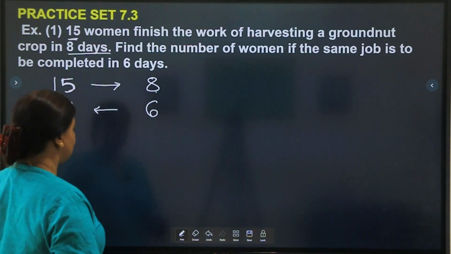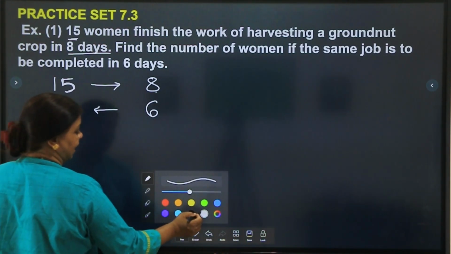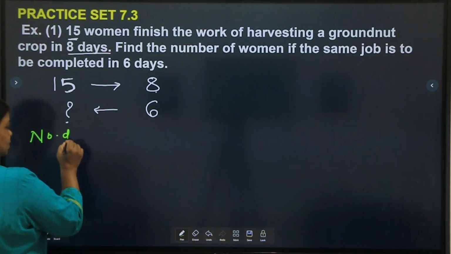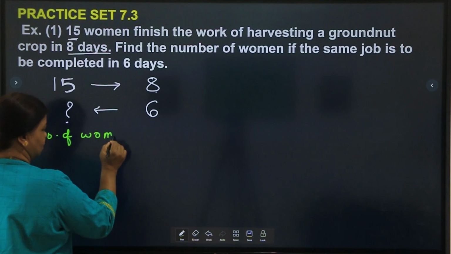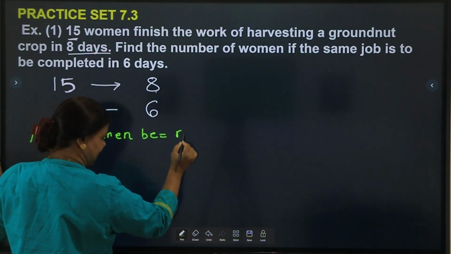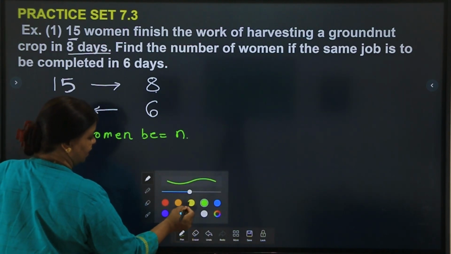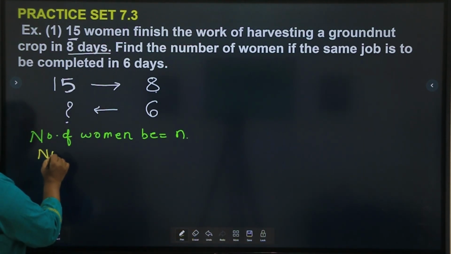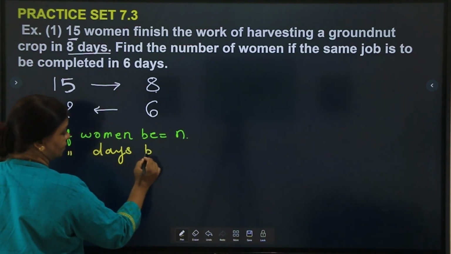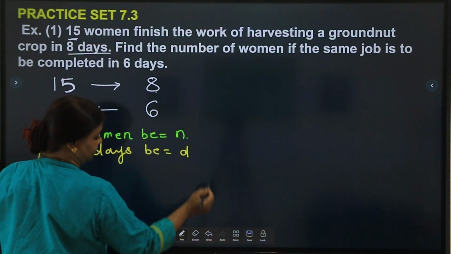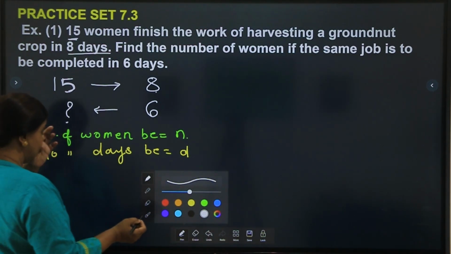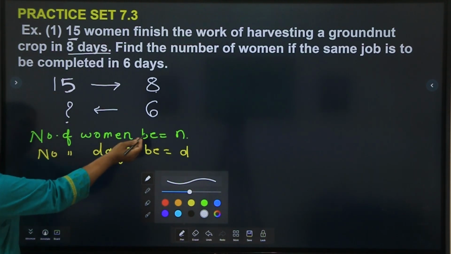So, let us first assume that the number of women be n, and the number of days be d. So, we come to know that n varies inversely because it is an inverse variation.